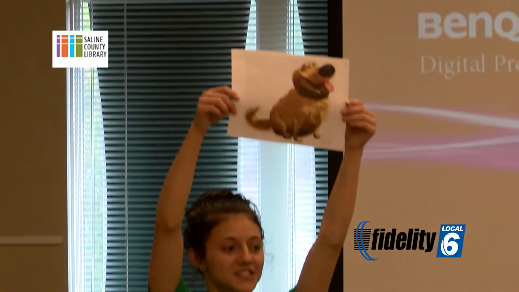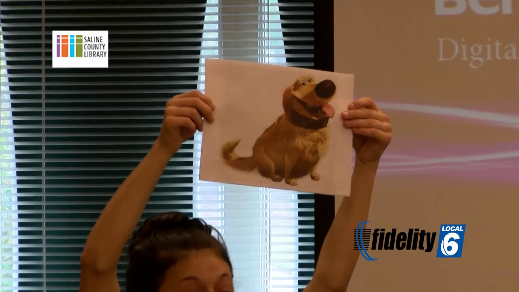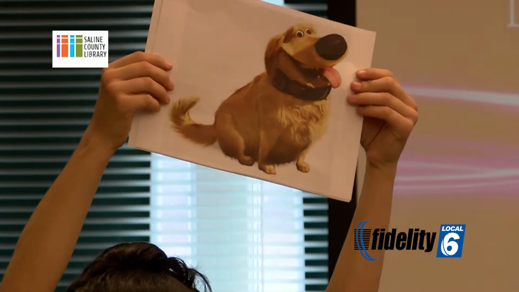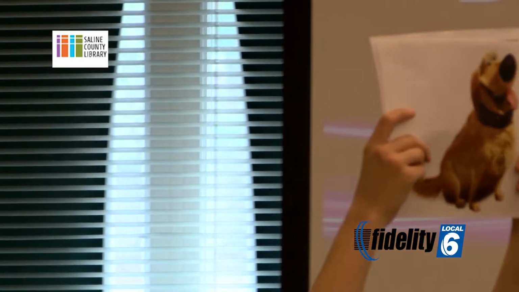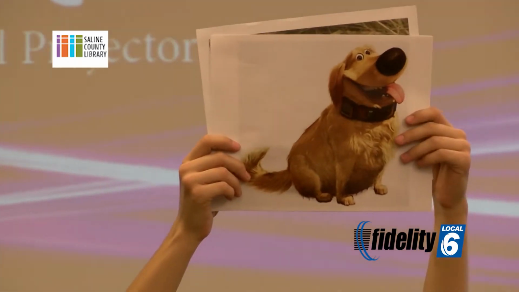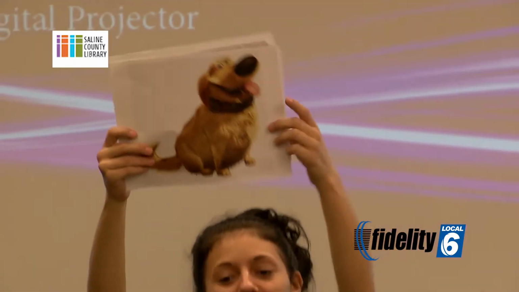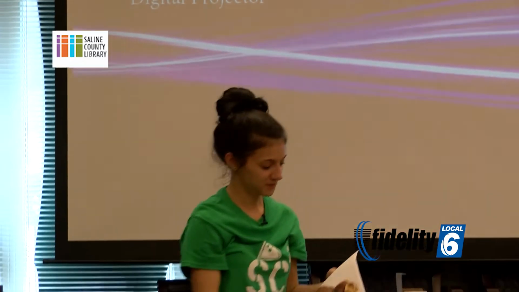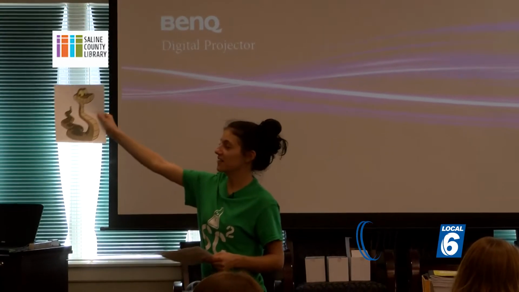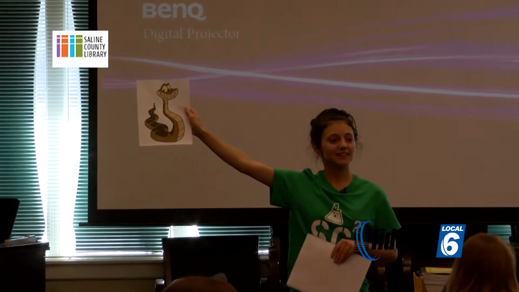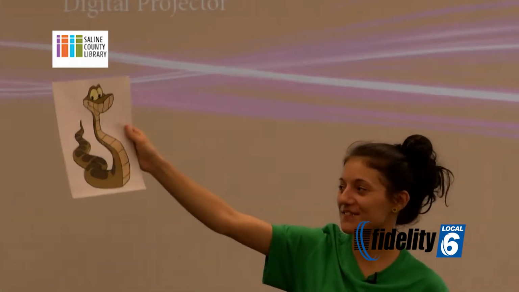Who is this? Do you guys recognize this guy? Dog. It's Doug. It is. Which box does he go in? Mammals. That is absolutely correct. Good job, guys. Do you guys know where this character goes? Reptile. Very good.